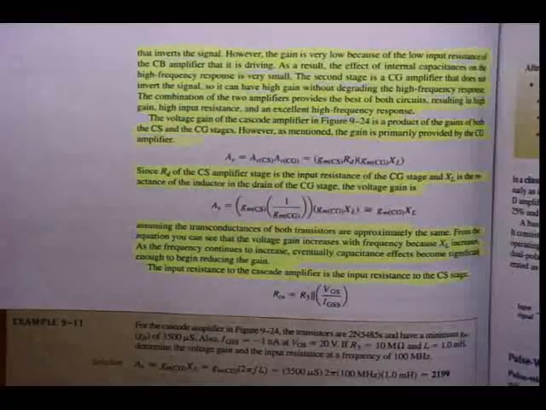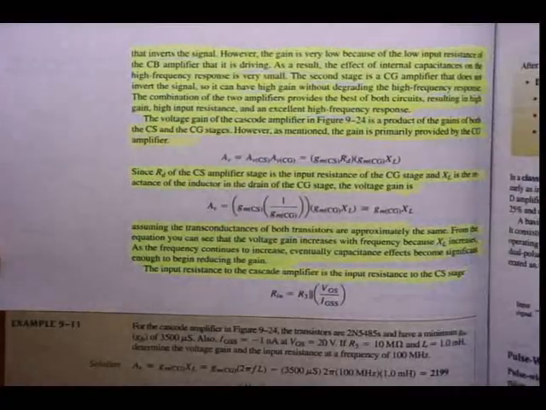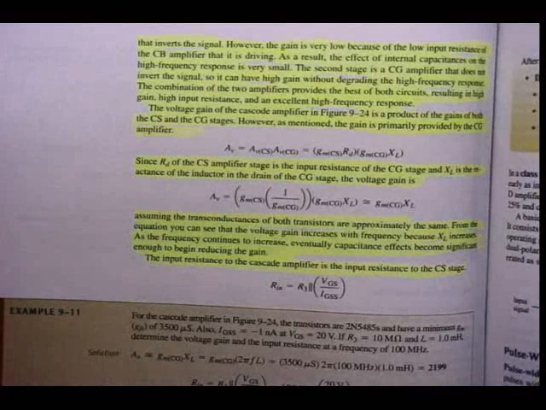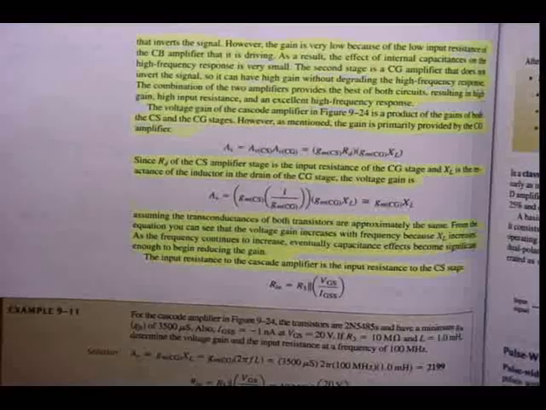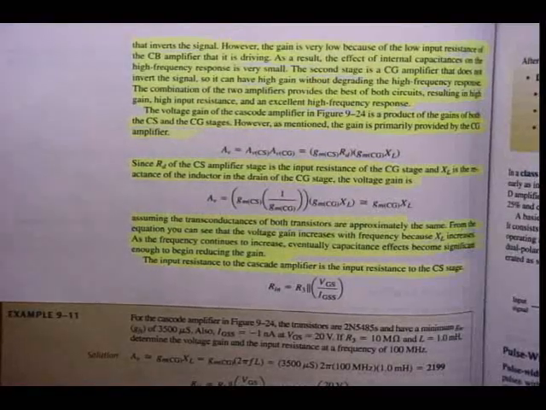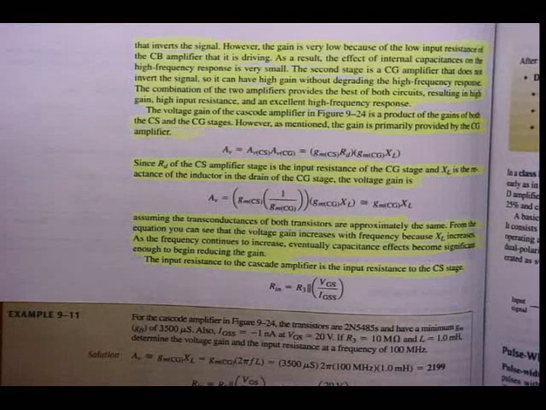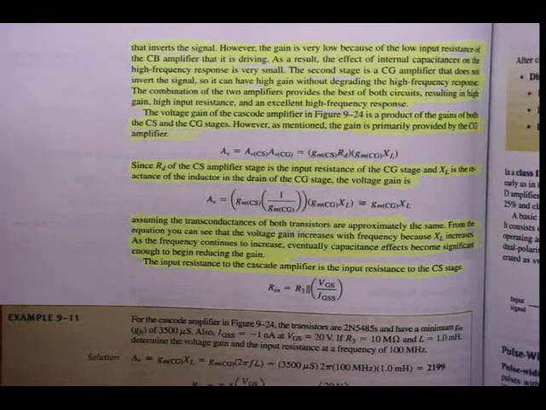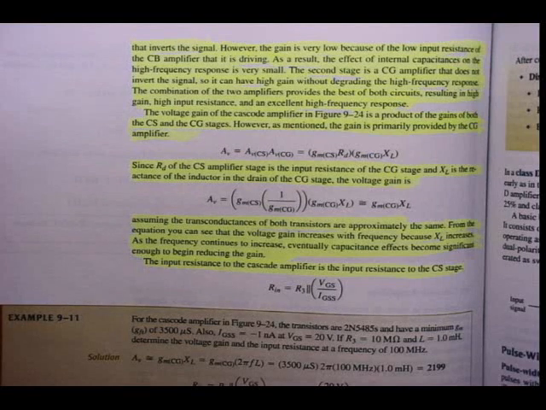However, the gain is very low because of the low input resistance of the common gate amplifier that it is driving. As a result, the effect of internal capacitances on the high frequency response is very small. The second stage is a common gate amplifier that does not invert the signal, so it can have high gain without degrading high frequency response.